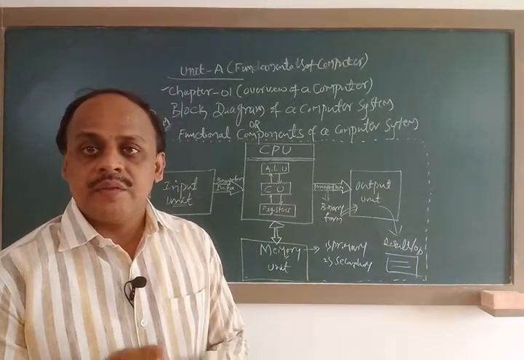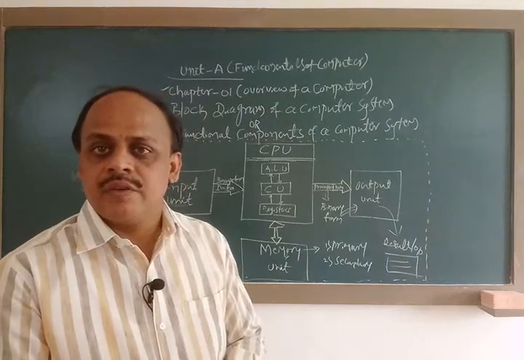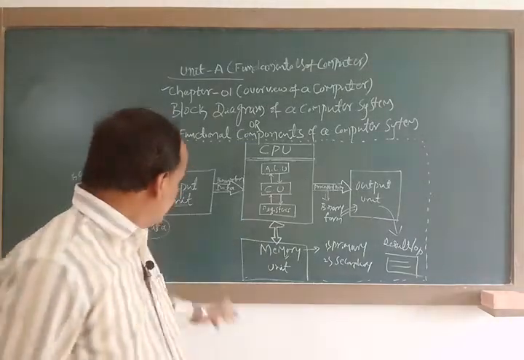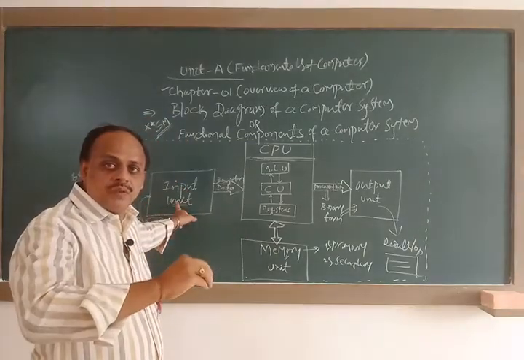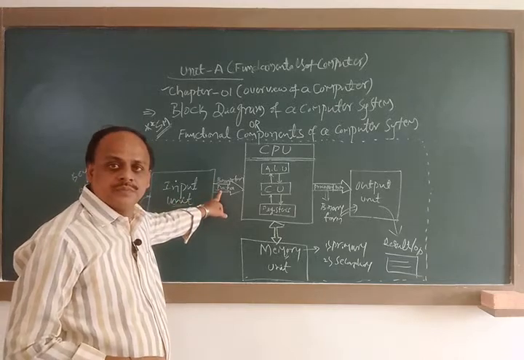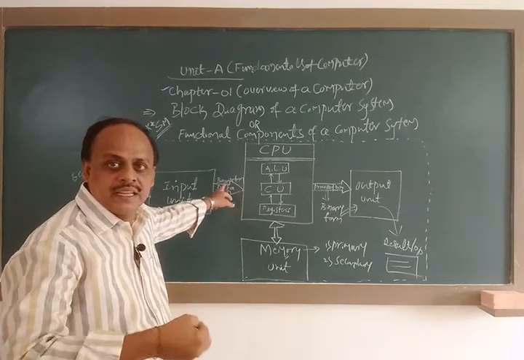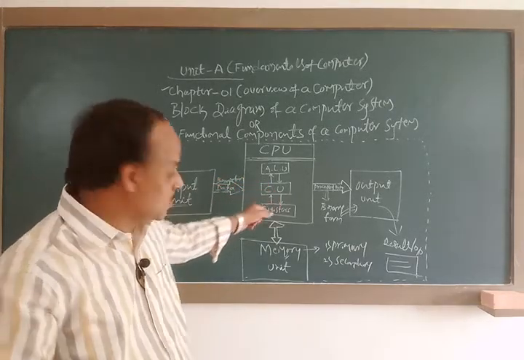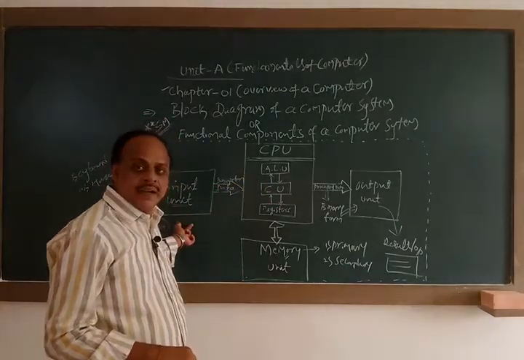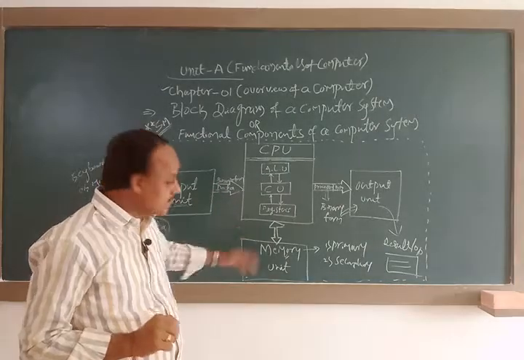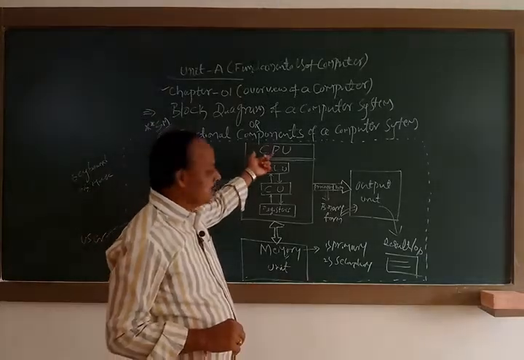Whenever the user enters data, that data is accepted by the input unit, and it is converted into binary form with the help of electrical circuits. With the help of those circuits, it converts the user entered form to binary form. Input unit is over.